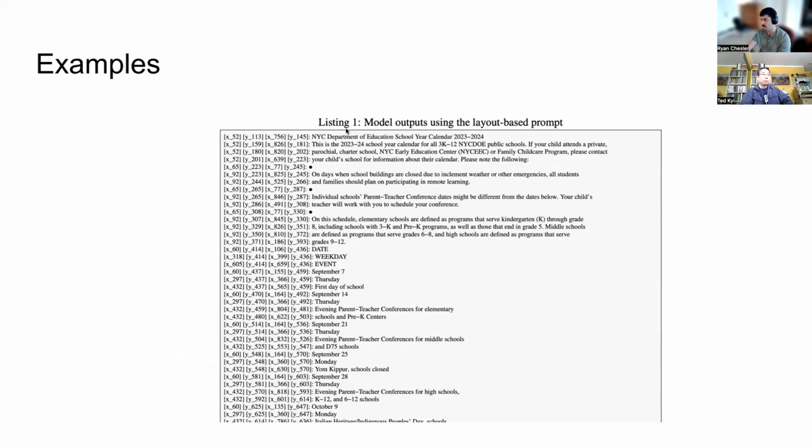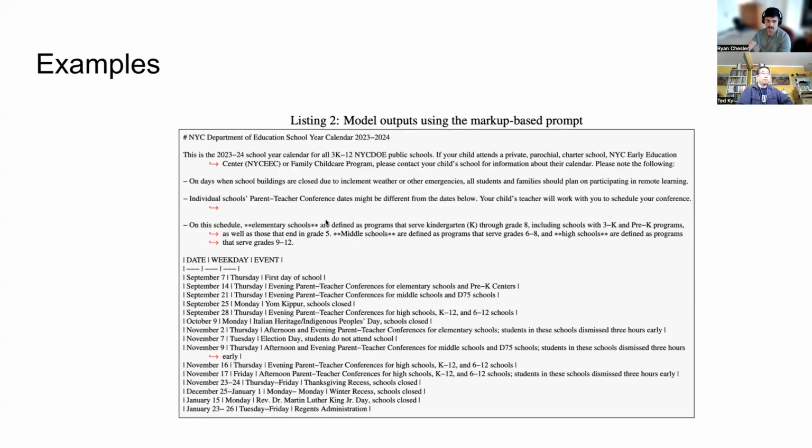This is what it would look like in terms of those bounding boxes that we saw. And then the markup format looks like what you would see on a GitHub README or something like that. It has all of these table formatting things, and you can say this is a header and this is a new row, new row, new row, and all of these split by the pipes are new columns.